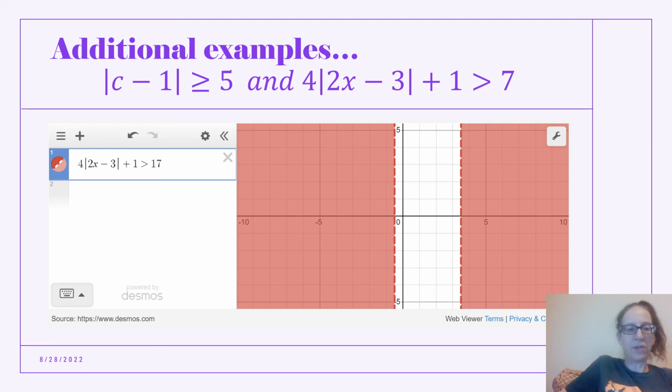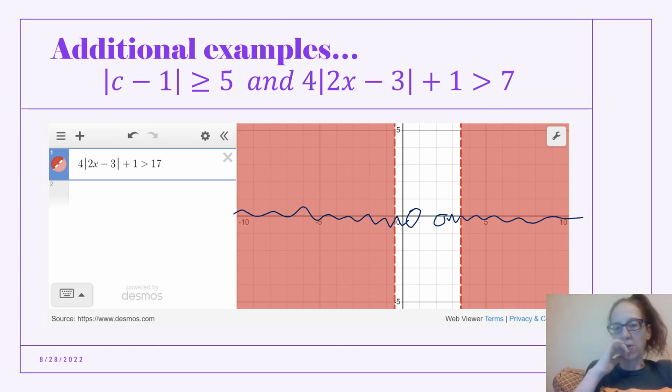And then let's take a look at that. So what you might notice right away is that you have dashed lines here, and dashed lines are the equivalent of the open circle. And what that means is that the endpoint is not included. Okay, so it means that it's less, it's in this case greater than.